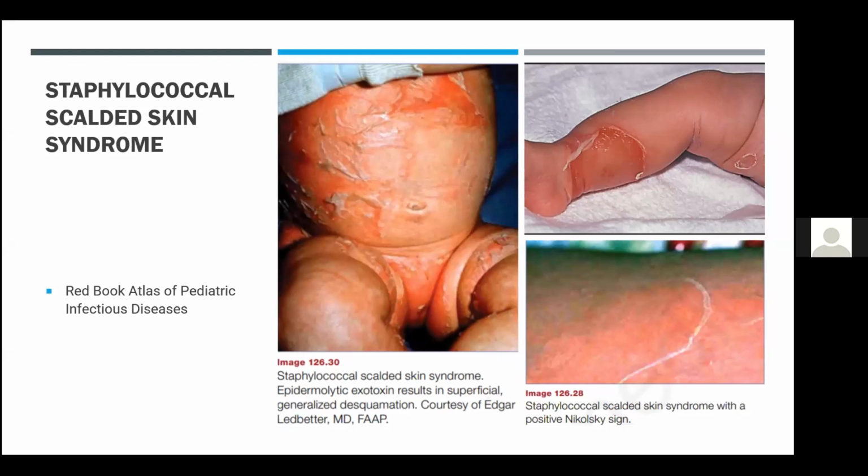The type of manifestations you get from the infection depends on your age. Neonates can get generalized exfoliation, and you can see in the top right-hand picture that child looks like he was scalded with hot boiling water. Older children will get more localized bullous lesions.